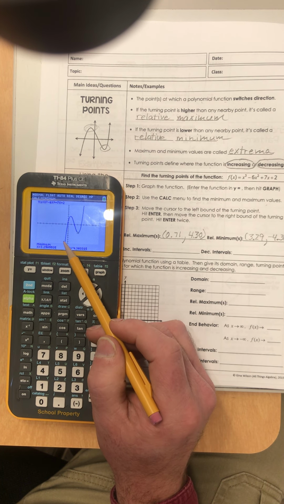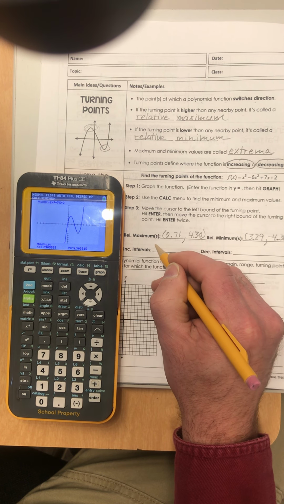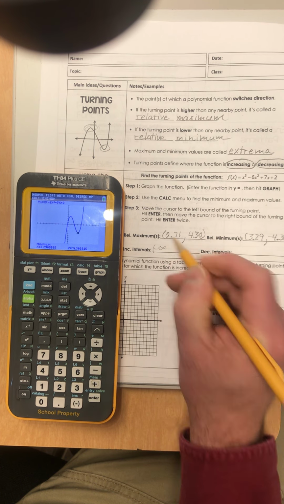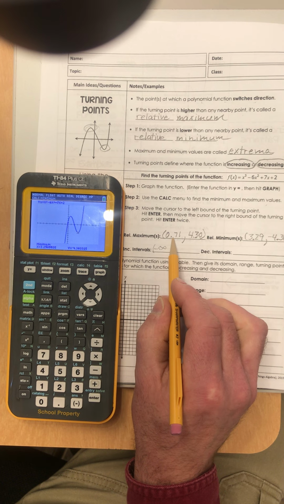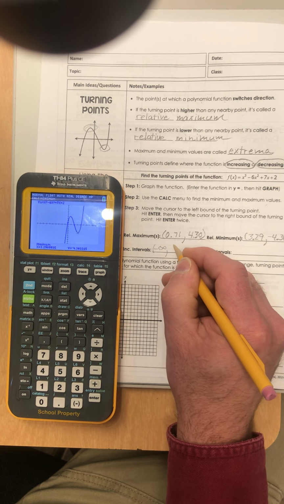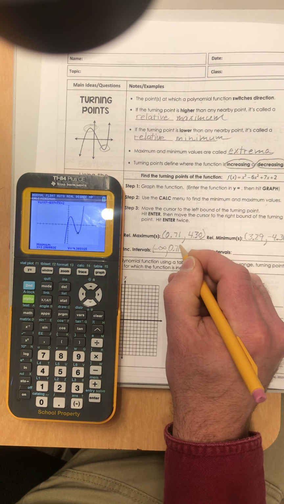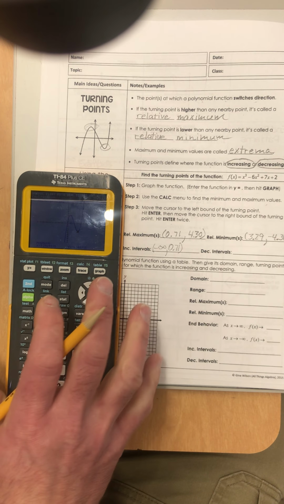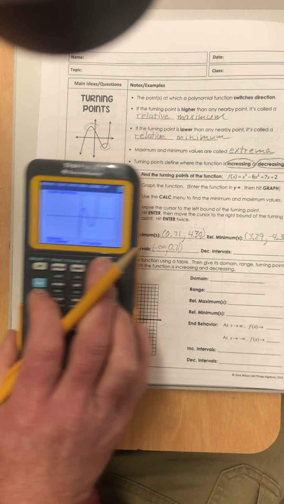They start going up from negative infinity, and they go up until I get to my first relative max. And just before 0.71, or just at 0.71, the direction changes.